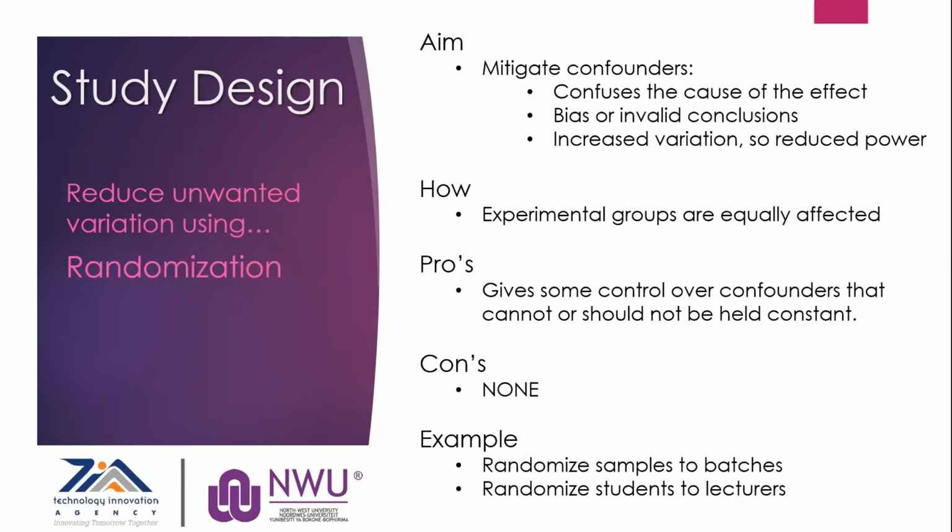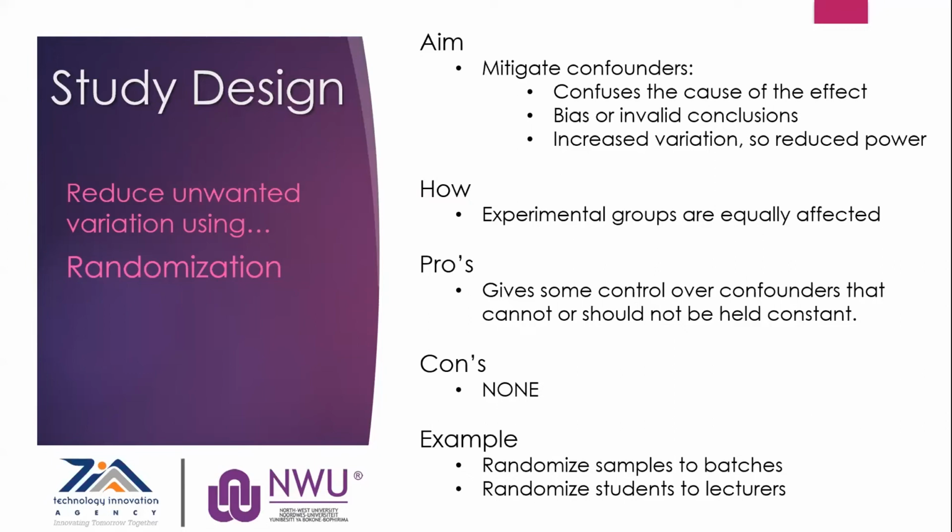Right. The other tool to use is randomization. So you randomize as far as possible. So if, for instance, you think that the province in which an individual lives has an influence, then you make sure that you select individuals from all possible provinces.